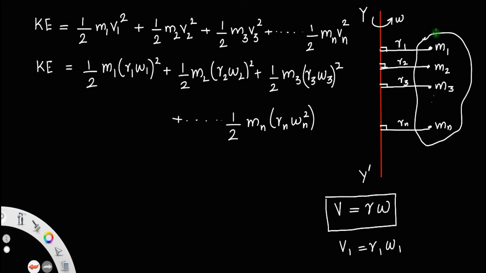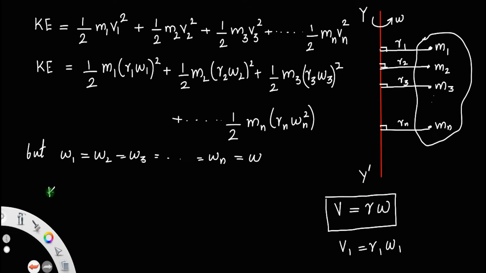Also, if you look at the rigid body, every mass is on the rigid body, which means every mass has the same angular velocity. That is, omega 1 equal to omega 2 equal to omega 3, etc., omega n, that is equal to omega, the angular velocity of the rigid body.